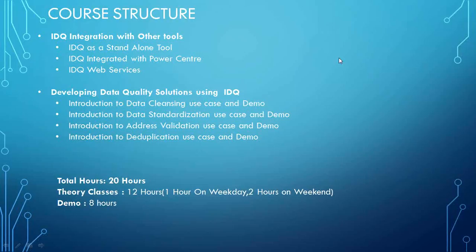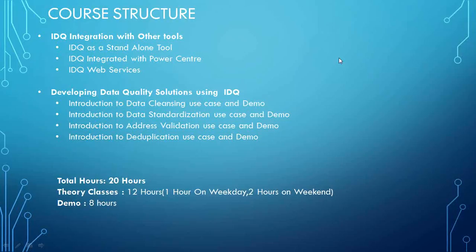And the way I have organized the course structure is the total is 20 hours. When I say 20, it's not a hard stop after 20 hours. It could be plus 2, 3 hours. That's fine. Out of which theory classes are 12 hours. When I say theory, it's basically what I'm doing right now, speaking. And the demo is where we log into the tool and I showcase the details.